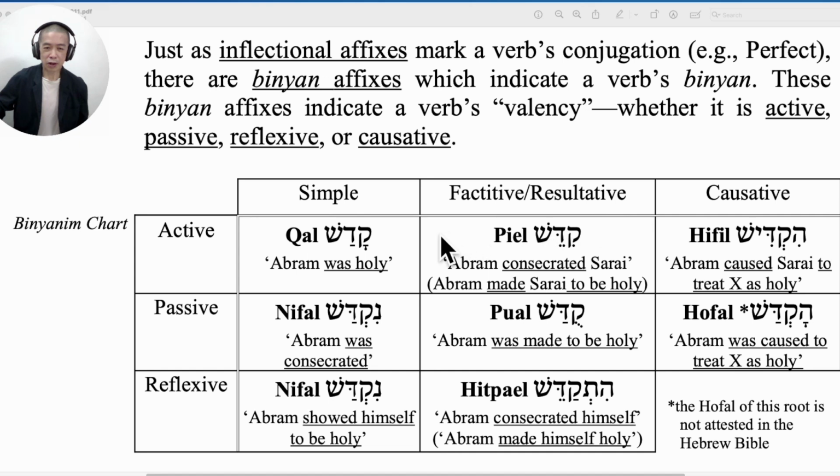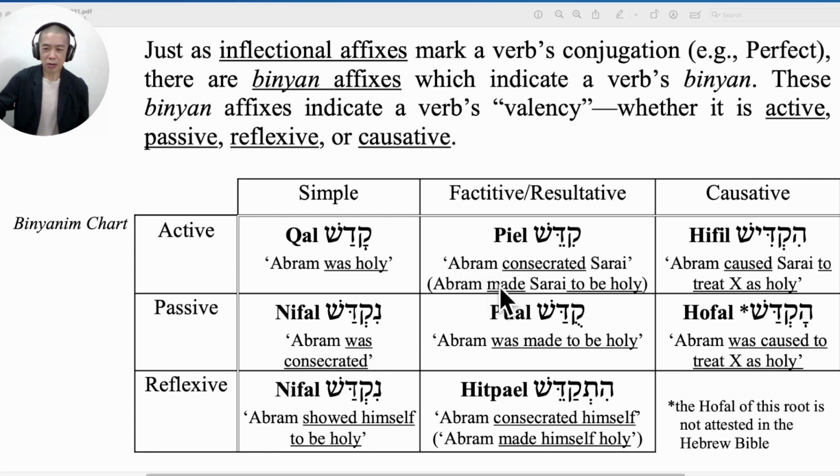So for instance, for the Qal binyan, Abraham was holy. If we see the form Qadash with the sound Q. For Piel, it could mean that Abraham consecrated Sarai.